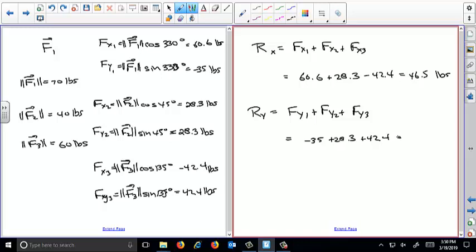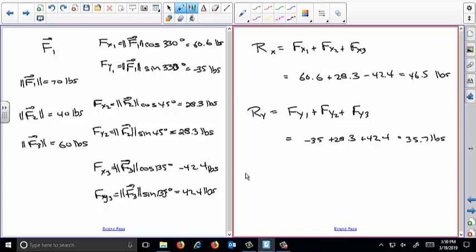So negative 35 plus 28.3 plus 42.4. Oops, did something wrong with my calculator. I forgot the minus. Oh, forgot to put a decimal point in there. Okay, so I get 35.7. Those are the components of my resultant vector.